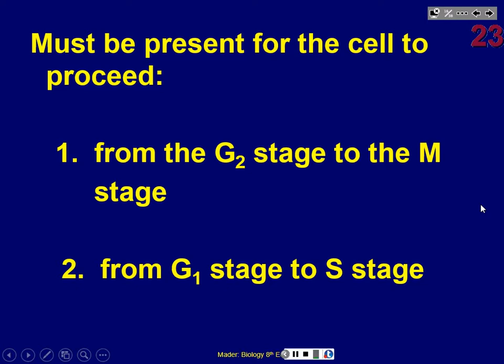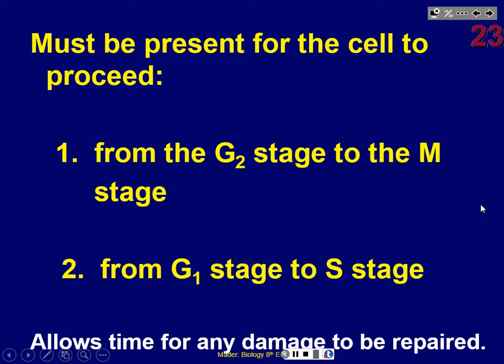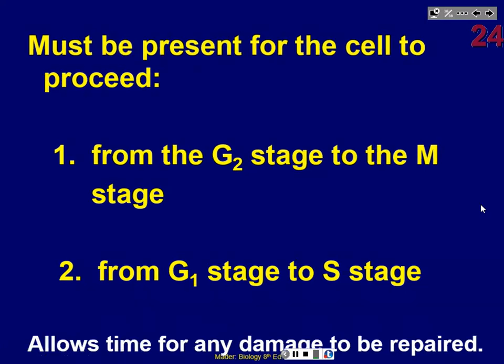So let's take a look at that, because these are the points at which, if something is wrong, the cell cycle will pause and allow the cell to try to repair the damage. And then we'll talk about what happens if the cell can't fix the problem, okay?